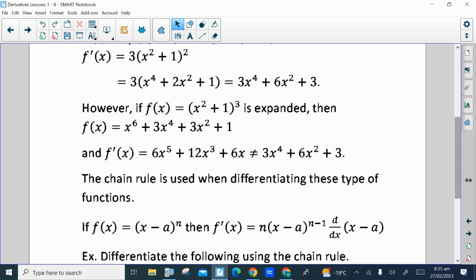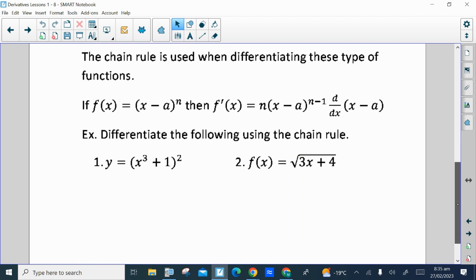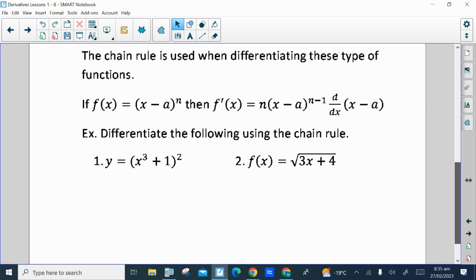So this just shows us that you cannot use the power rule when you have something more than just x raised to an exponent. So this is where we use the chain rule. And it says, if f at x equals x minus a to the n, then f prime x, and so you'll notice that it does utilize the power rule for its first part, but then the second part is taking the derivative of what's inside the bracket.